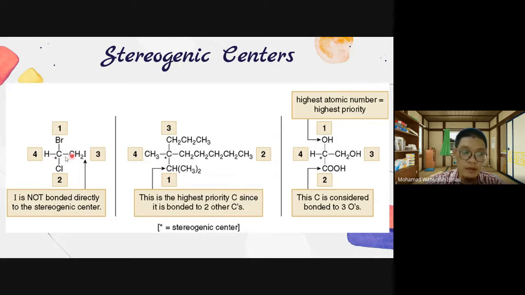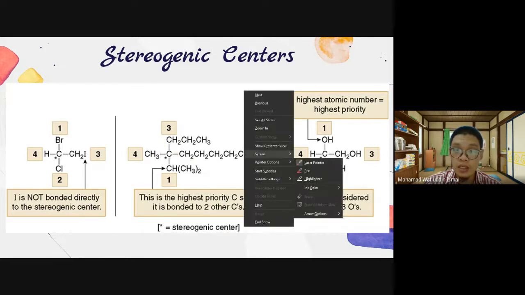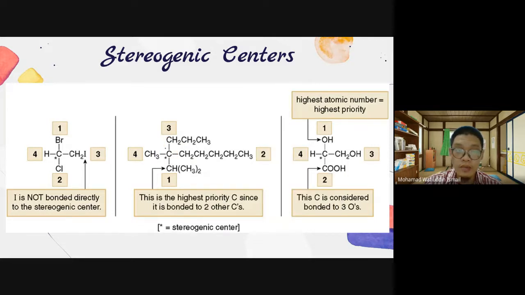So it's easy to look at the different items or functional groups that attach to the carbon. But the problem is when almost the same carbon attaches to that particular carbon. Okay, this is C, C, C, C, so it's almost the same.